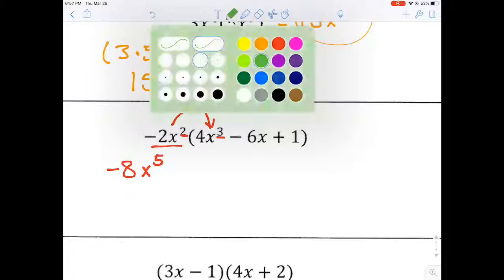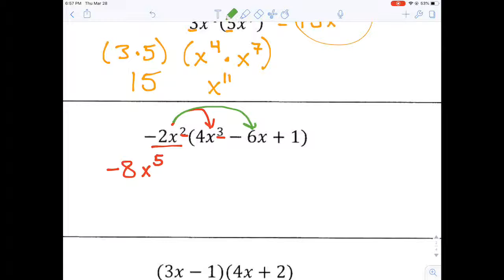Let's get some different colors here. So negative 2 times negative 6 would make that positive 12. And x to the second times just an x. Remember, there's a little imaginary power of 1 if you don't see it. So that would make that x to the third.